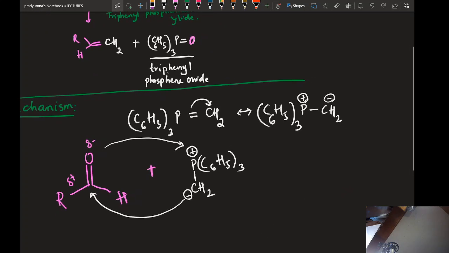So you will create a 2+2 cycloaddition. Our intermediate is going to look something like this. Let me color code this so that you will see the difference. So we have R, C, H, O. Sounds good. Let me color code the new bond that we just formed, and the old one we had was P, CH2 on this one.